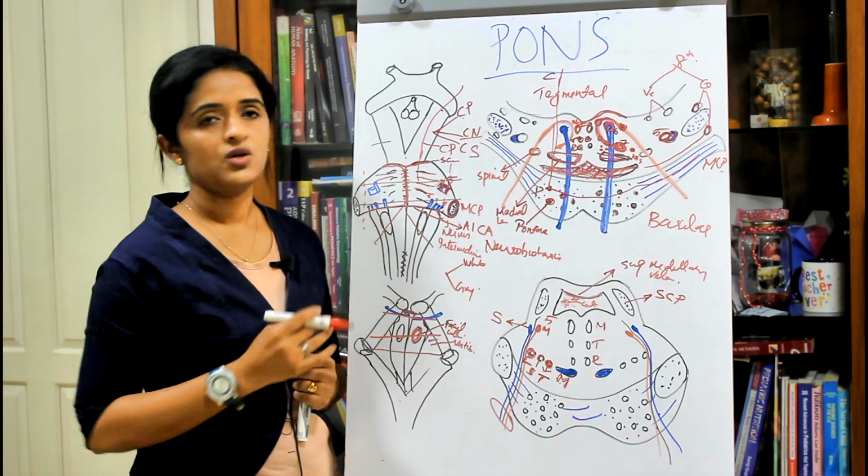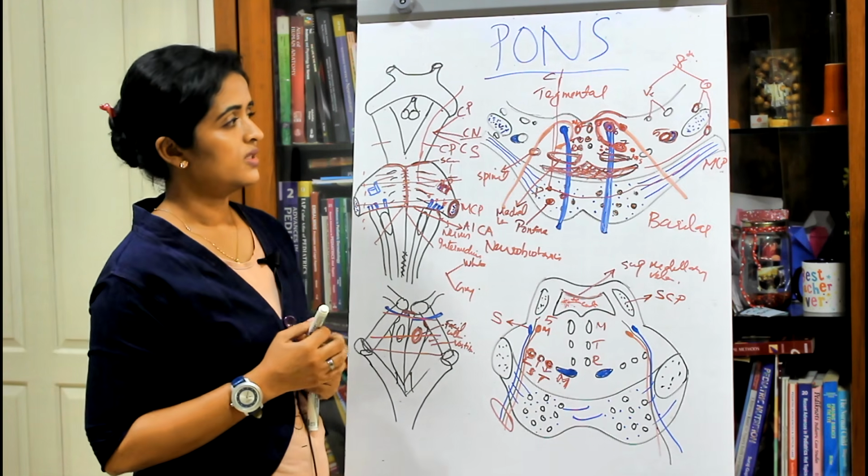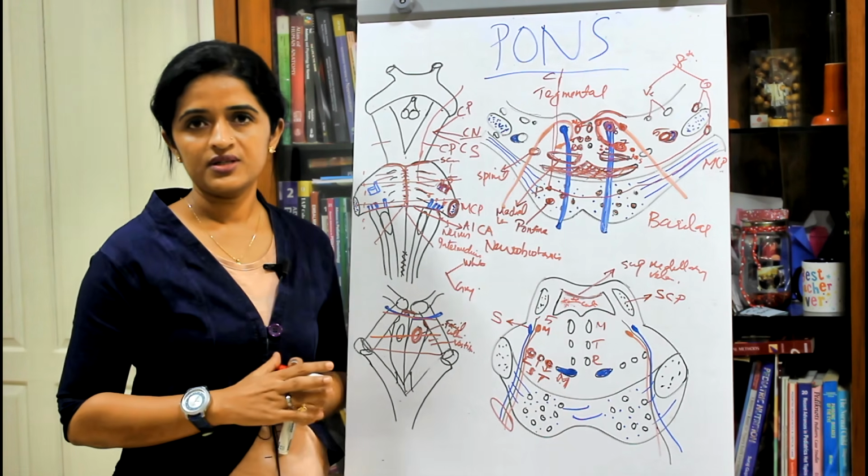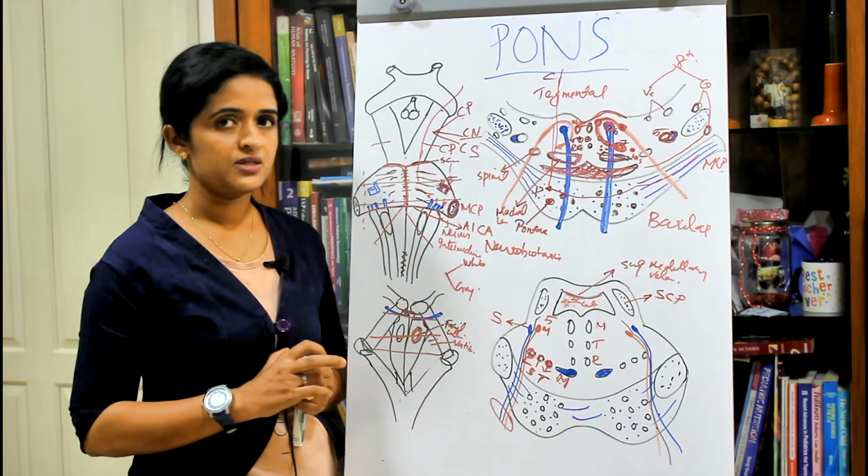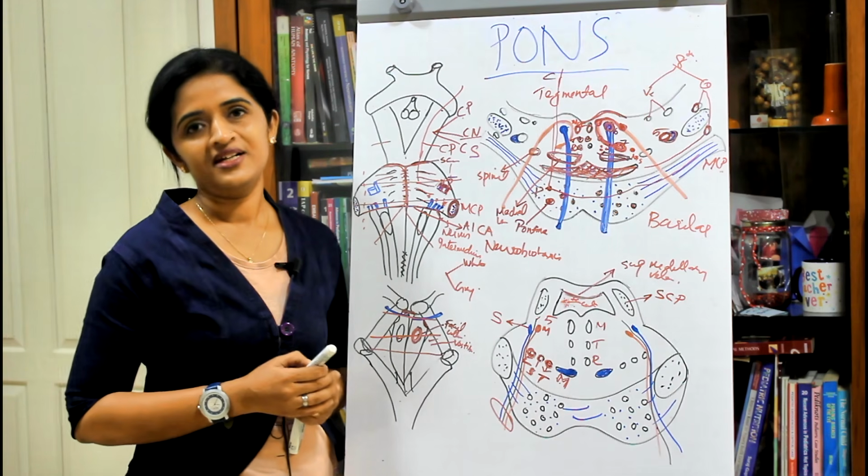So these two points you have to keep in mind. So these are the features of pons in a nutshell, and I'll be dealing with the blood supply of the entire brainstem in another session along with the clinical features.